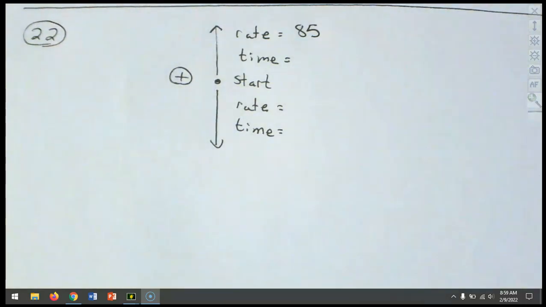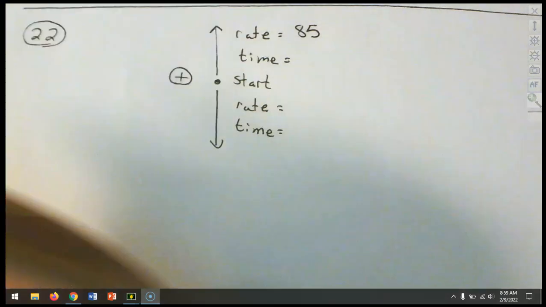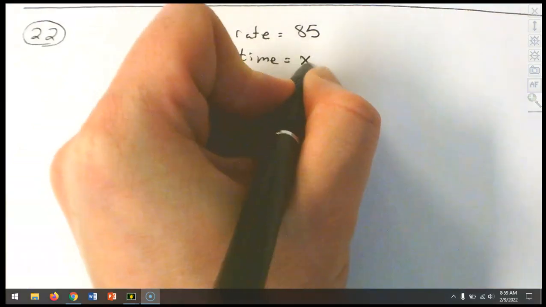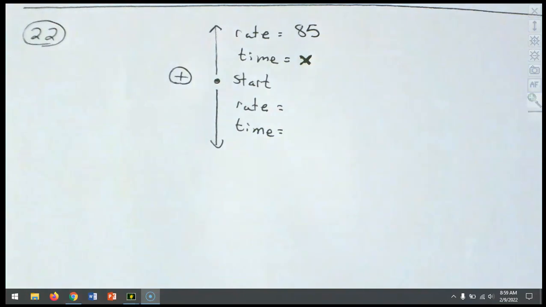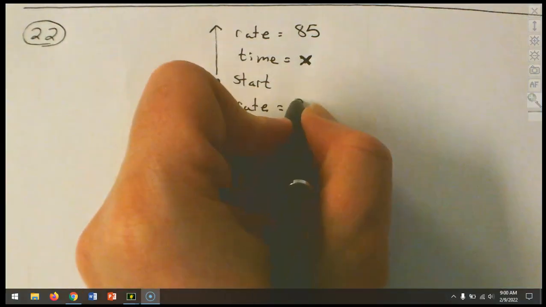So we don't know. You can either use the variable t or you can use the variable x, either way. I generally will use an x because we normally work with x. So we'll call our time x. What about the second train? It's going south. And how fast is the second train going? 95. Now they leave at the same time.